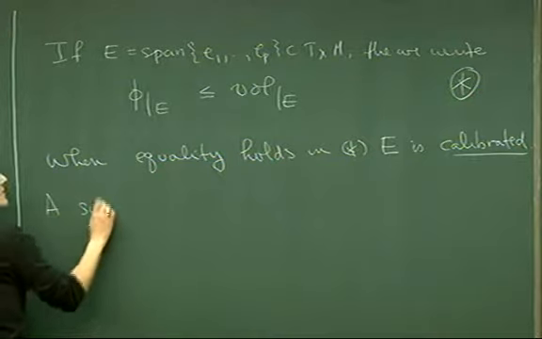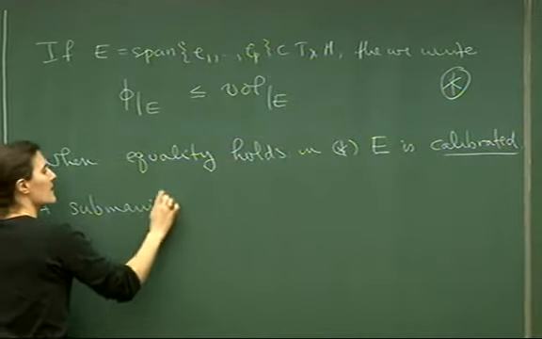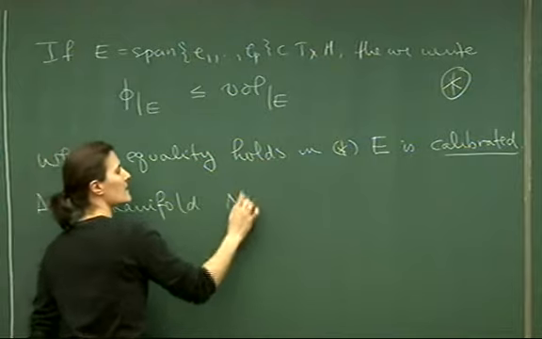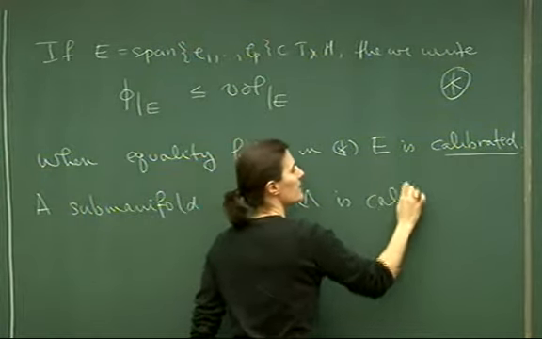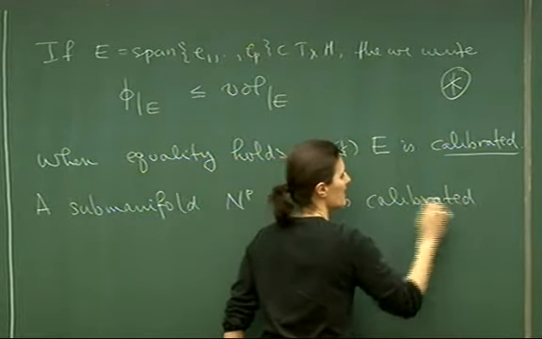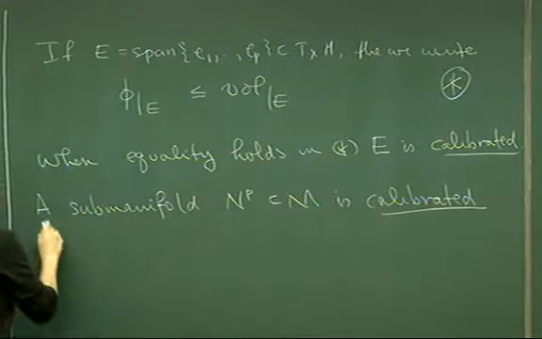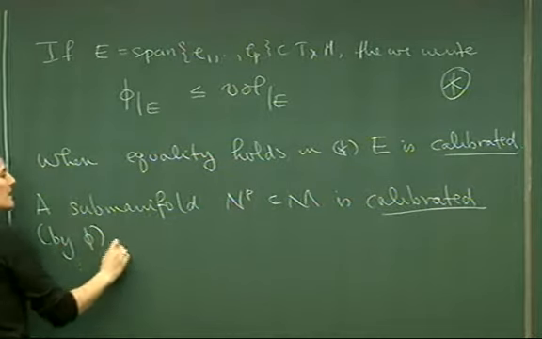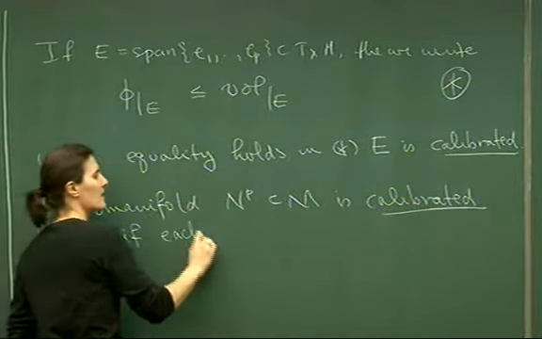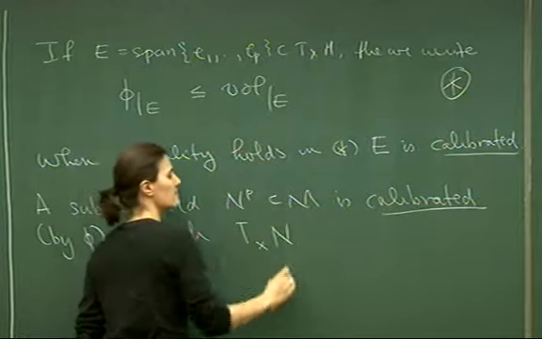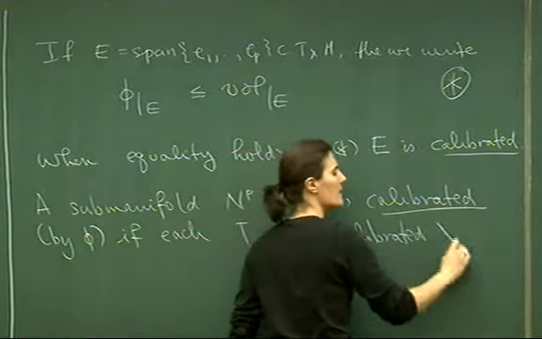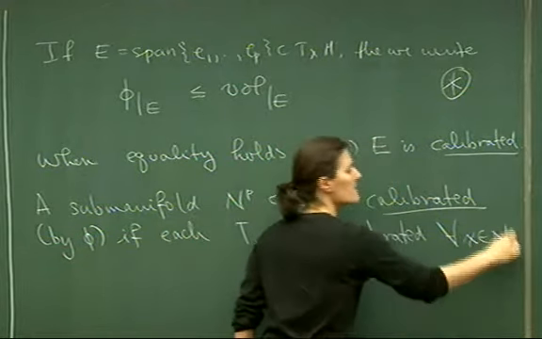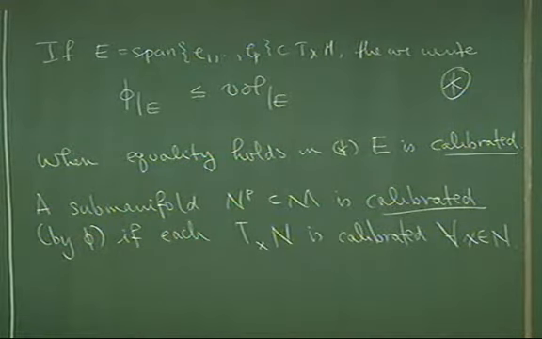Then a submanifold, N^P, sitting inside M, is calibrated by phi if each tangent space is calibrated. Okay? So phi looks like the volume form when it's restricted to our submanifold N.